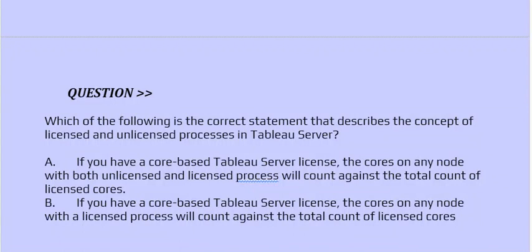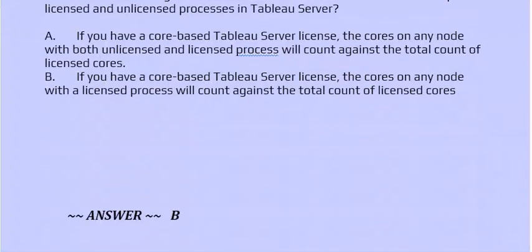Option B. If you have a core-based Tableau Server license, the cores on any node with a licensed process will count against the total count of licensed cores. Correct answer is option B.